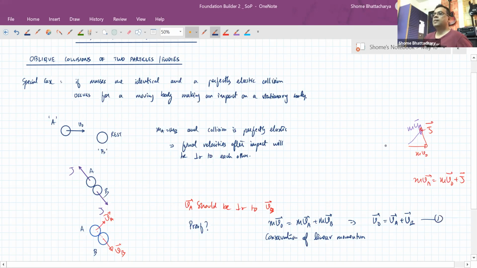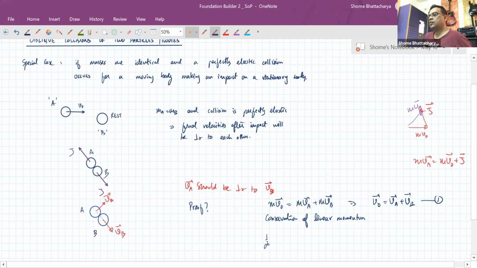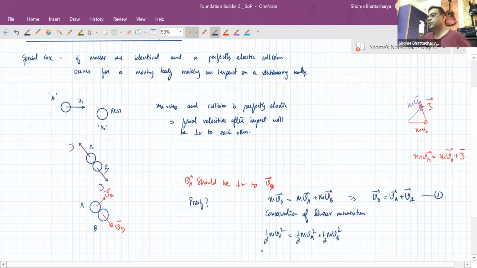That's equation 1. In addition, half mv0 square should be equal to half m VA square plus half m VB square, because it's a perfectly elastic collision. So there is conservation of kinetic energy. Remember, that is also a definition of perfectly elastic collision.